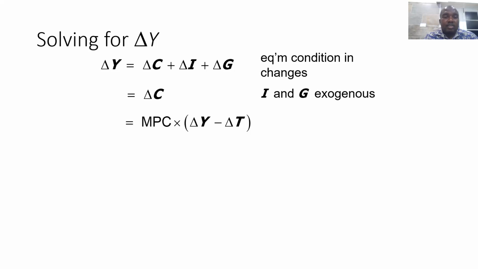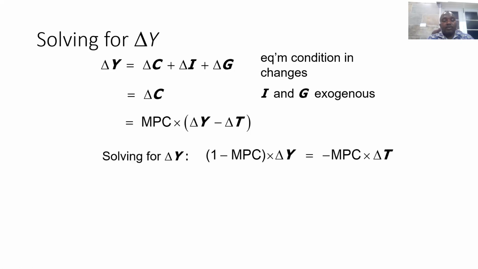We've just introduced changes to the consumption bit of our unified equation, or equilibrium condition in terms of changes. So if we solve for delta Y, it means we have to clear this bracket.